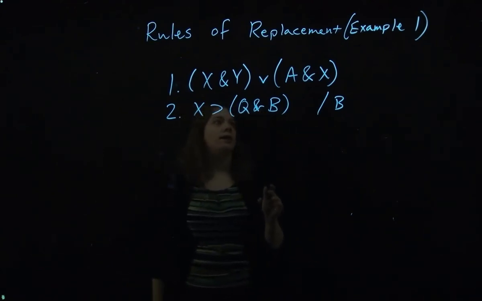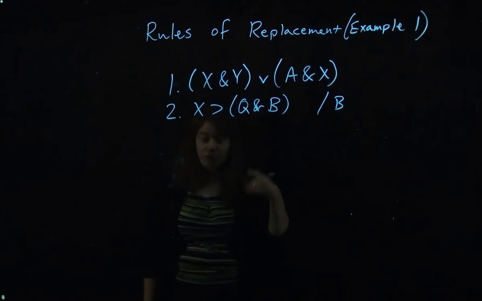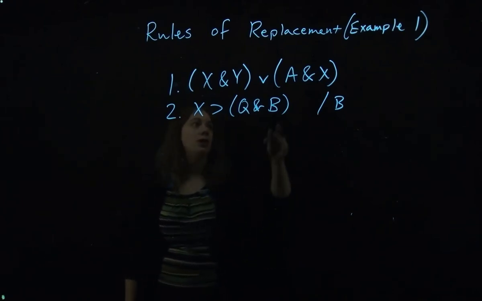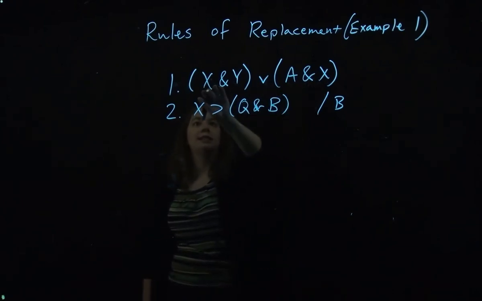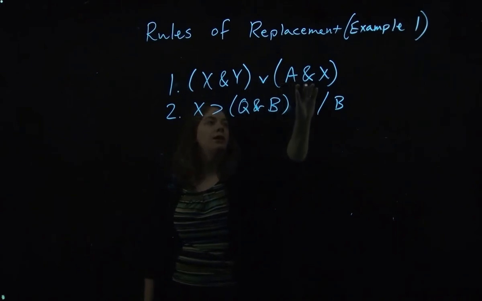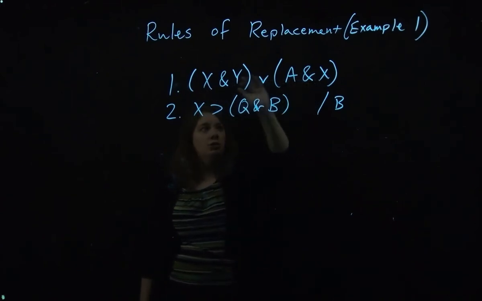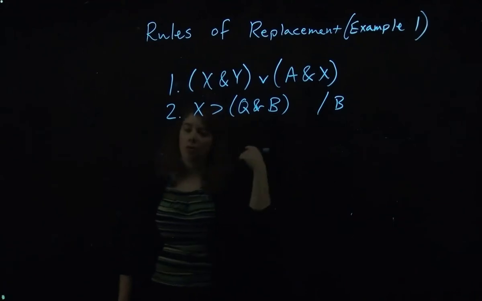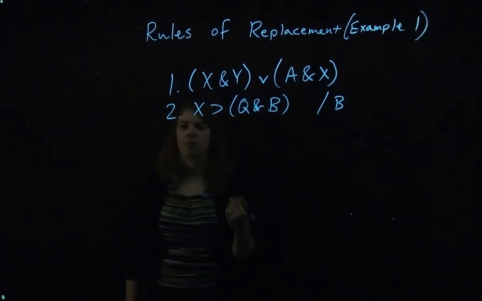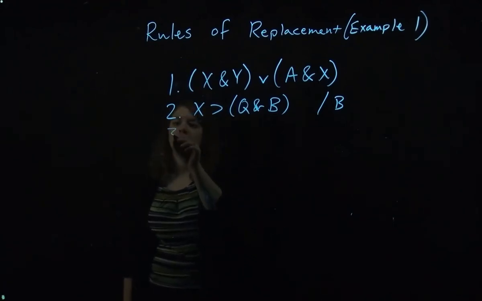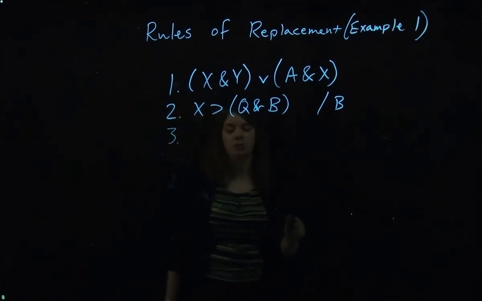But in order to do that, again thinking backwards, you will need to get the X's on the same side in each individual conjunct on line 1. So in order to do that, we have to use another rule of replacement. That rule would be commutativity.